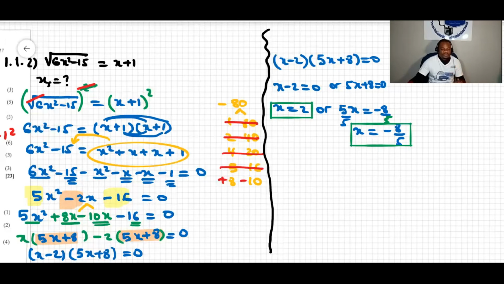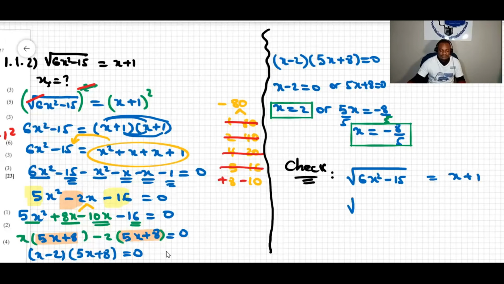We always ought to check whether the solution is valid. Now let's see. I want to check. Let's check. We have square root of 6x squared minus 15 equal to x plus 1.